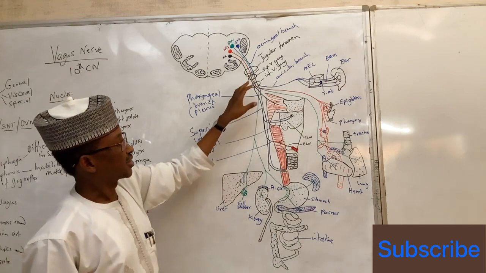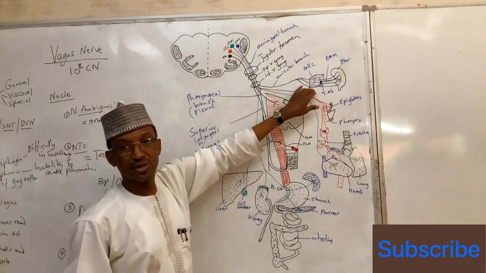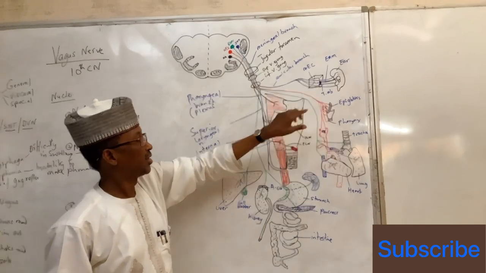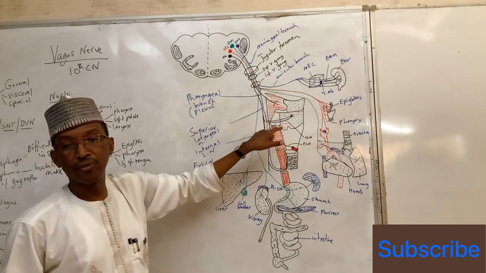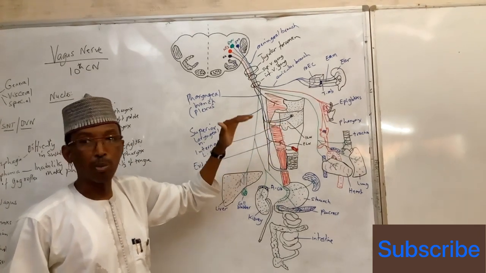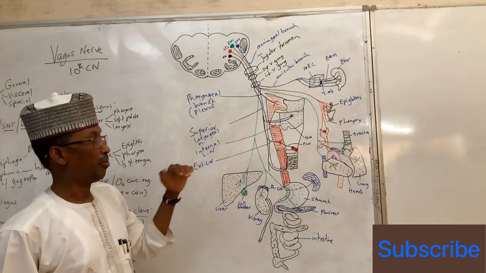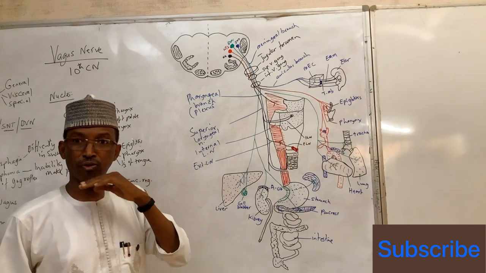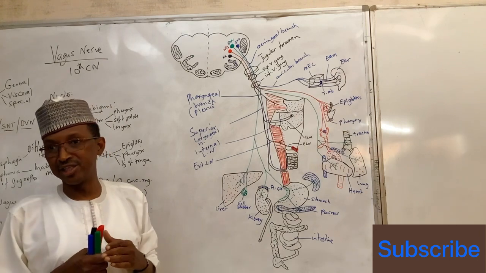Similarly, apart from the external ear and other areas related to that, there is also sensation from the mucosa of the larynx above and below the vocal cord. If you can remember your head and neck very well, there is an area responsible for phonation, that is the vocal cord, which is regulated by the laryngeal muscles.